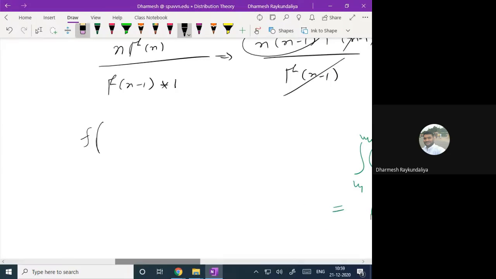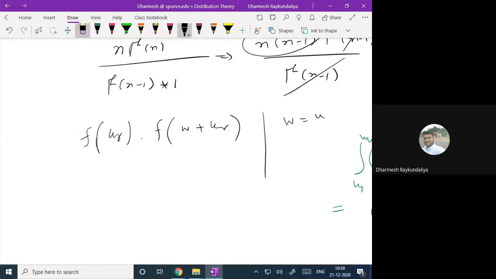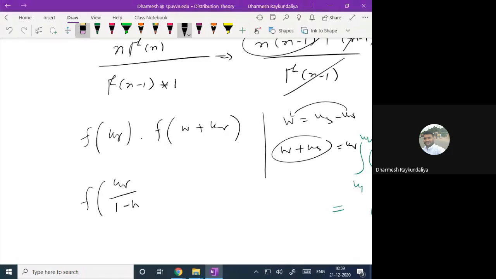You have two things. Here you have ur into f of w plus ur. Now we know this relation, w is equal to us minus ur. So if I am writing f of ur, ur is nothing but w plus us. Here I am writing ur upon 1 minus w.